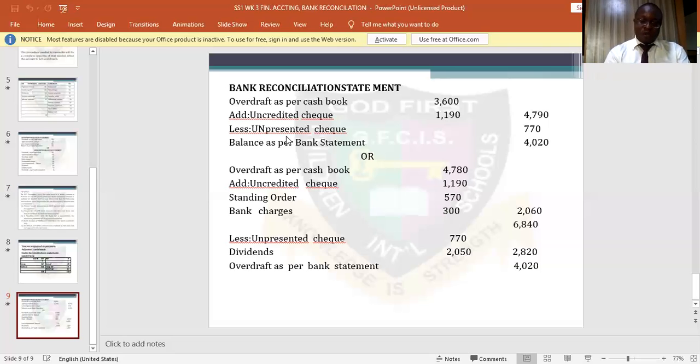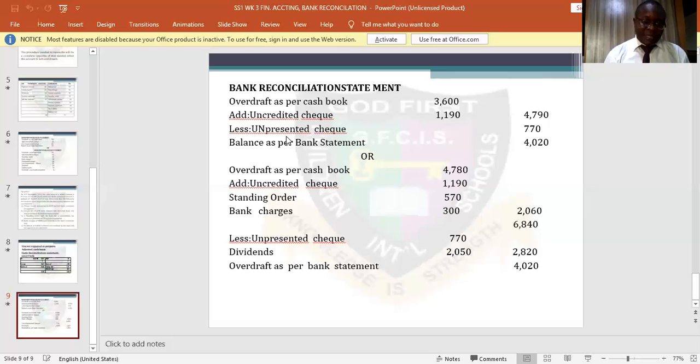At the end of the day, you can see that this is our overdraft as per bank statement. That is for the adjusted cash book and bank reconciliation statement.